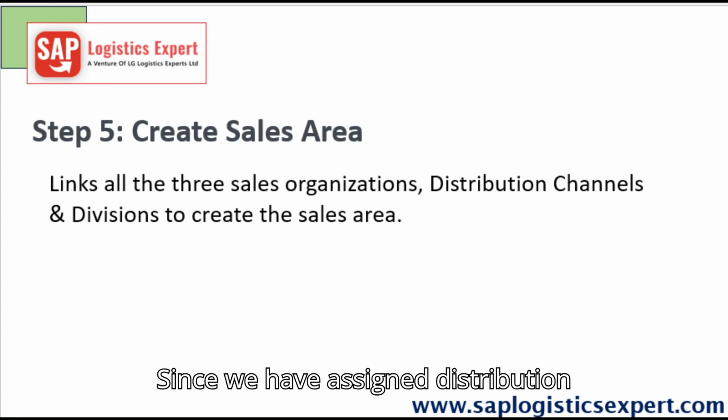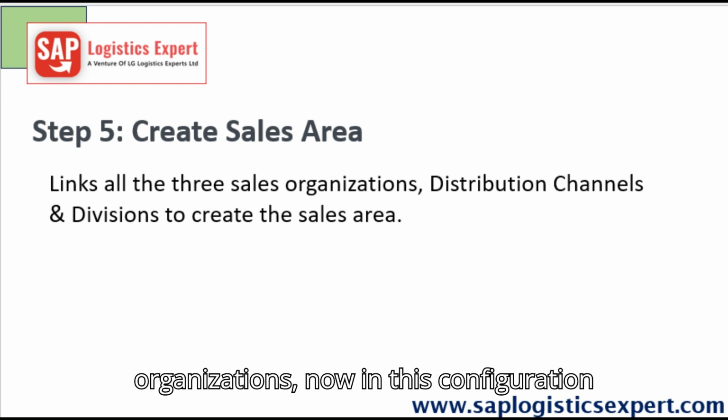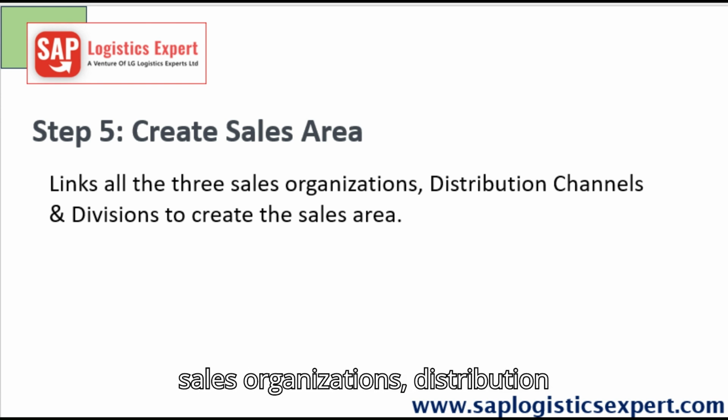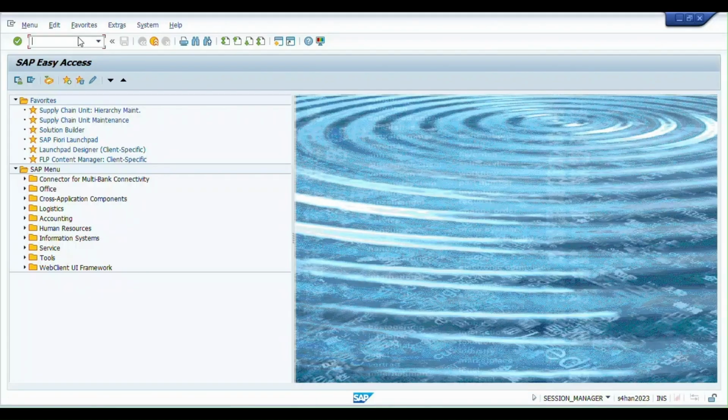Since we have assigned distribution channels and divisions to the sales organizations, now in this configuration, link all the three elements, meaning sales organizations, distribution channels, and divisions, to create all the sales areas.